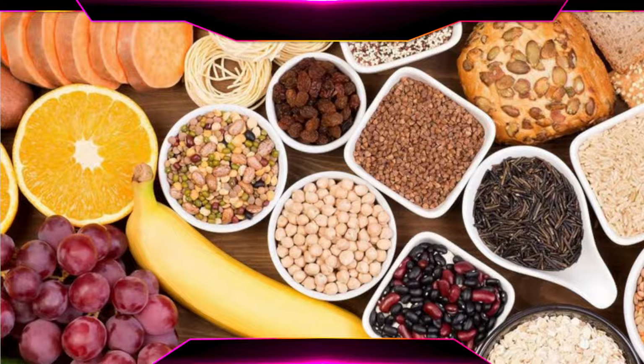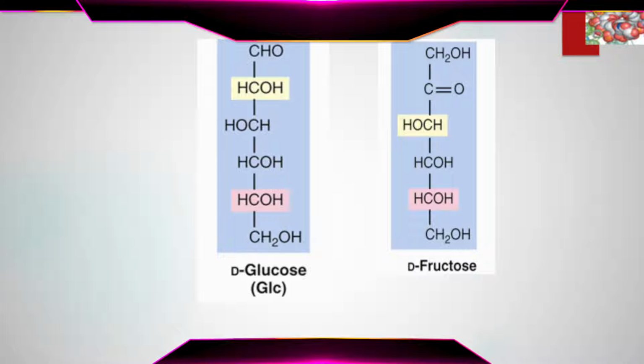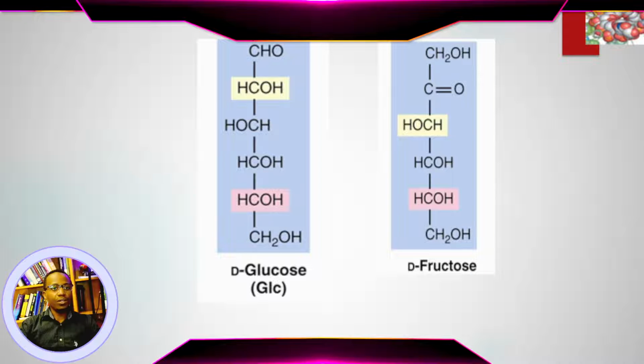So let's talk a little bit about what we've been looking at. We looked at individual sugars such as glucose and fructose, and we saw that these sugars can be ketoses and aldoses.